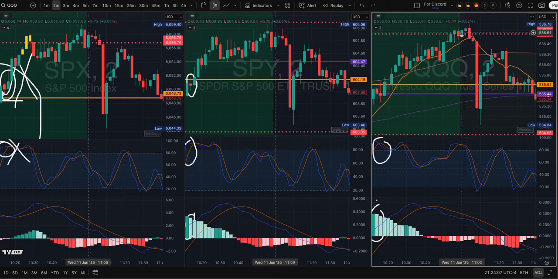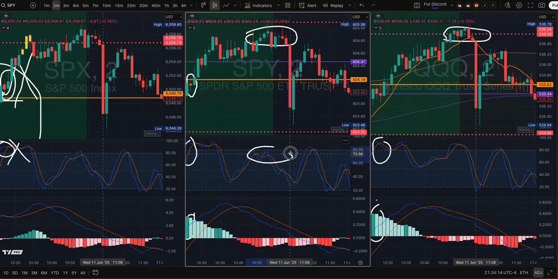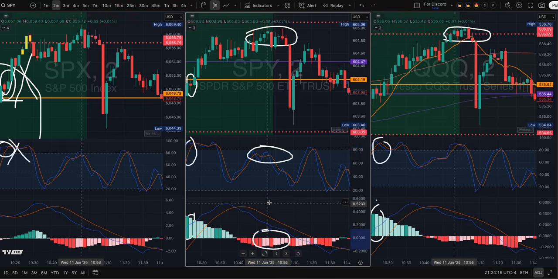But the problem, there wasn't a great setup for puts, so none of them really did well because these didn't match. Only thing I would say slightly match was SPY, this line.